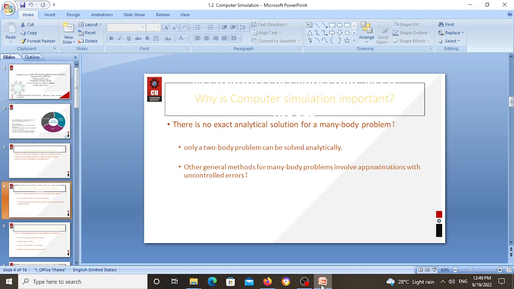We can also generate simulations for chemistry problems like molecular dynamics, fluid dynamics, or for engineering like simulations for aerospace engineering, simulations for rocket science, simulations for nuclear physics.